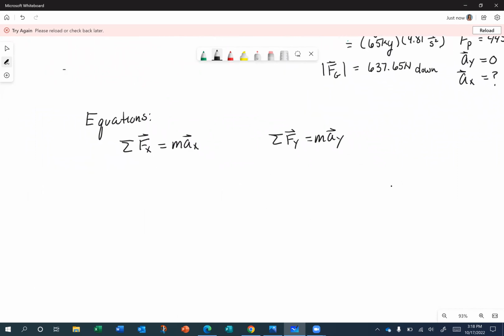So in the x direction, we have the force of the mover, or force applied, plus the force of friction, plus Fgx equals max.